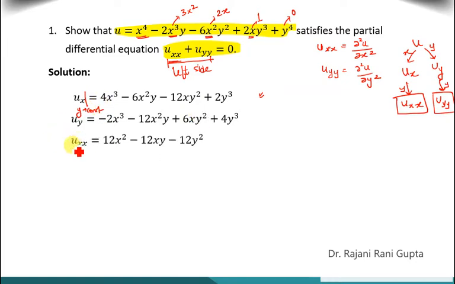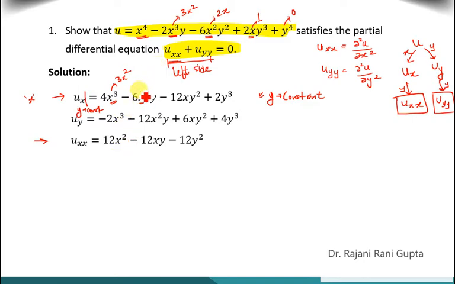So when we differentiate with respect to x again, what will happen? Now we use this and differentiate with respect to x, considering y as a constant, so we will get this term. You differentiate x power 3, which gives you 3x power 2. When you multiply 4 with 3, you get 12x power 2.